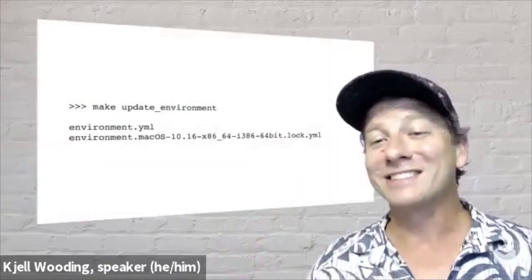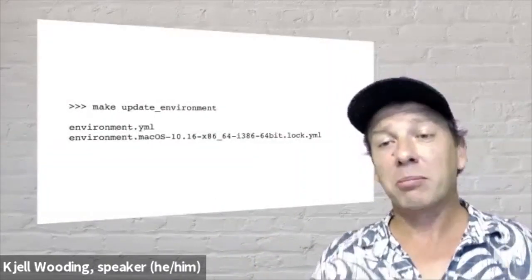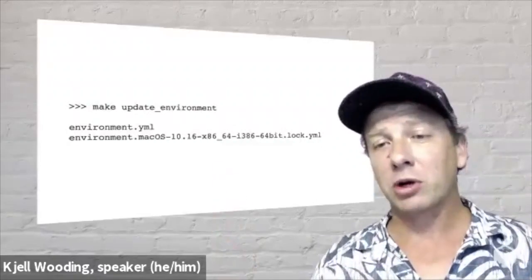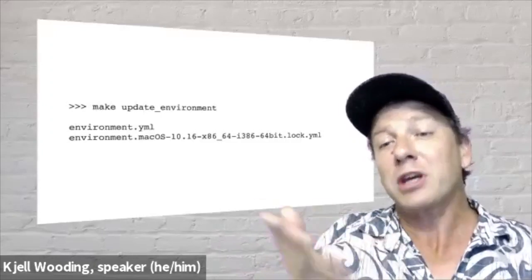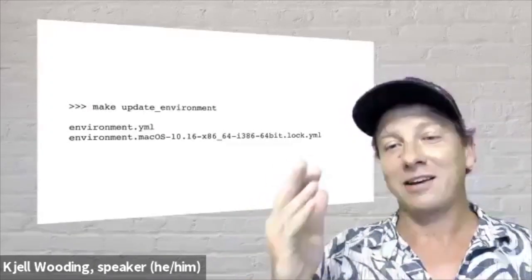Now, Conda doesn't have lock files. All right, but that's okay, because I've already scripted my workflow. So I'm just going to keep going with this and add some ability to do the equivalent of a lock file in that Makefile directly.